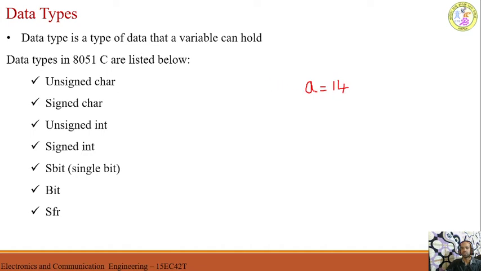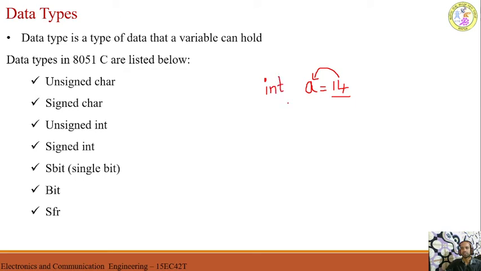This variable can take any value. Initially I am assigning 14 to the variable A, therefore the number 14 will be stored into the variable A. Now, the number 14 is what type of data? I know that the number 14 is integer data, so I can declare it as int.